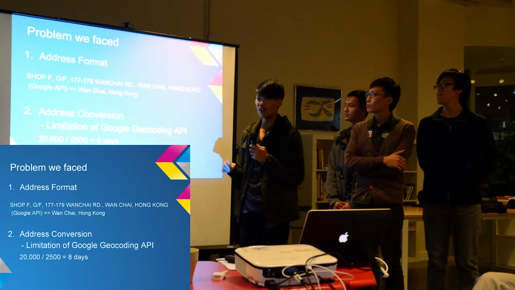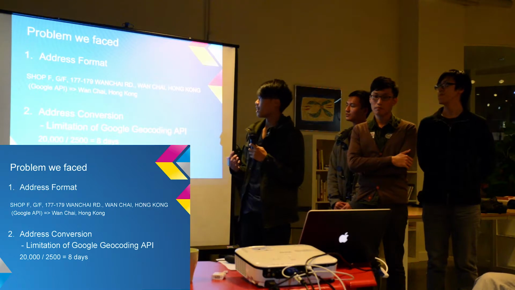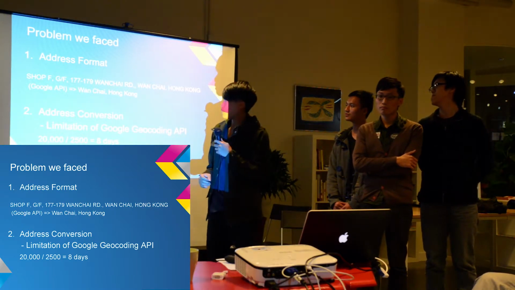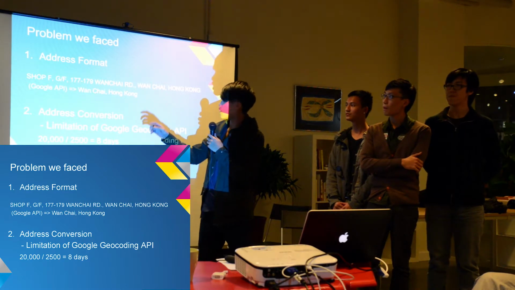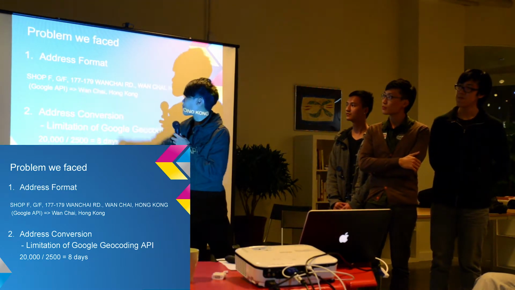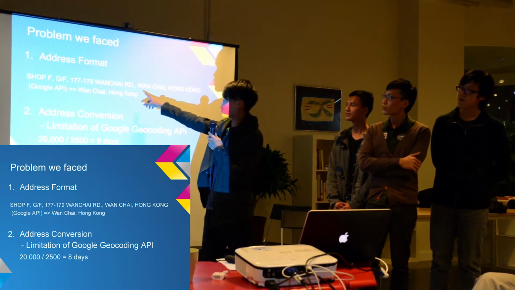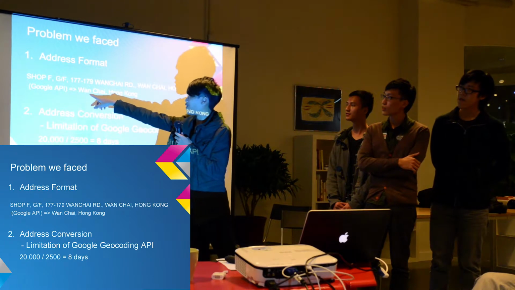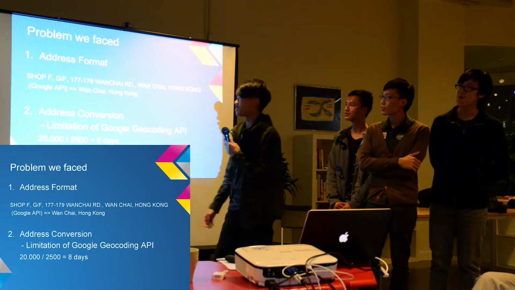The JSON file contains some address components, but the Google API cannot recognize some words in the address, such as shop and floor. If we send this address to the API, it may return just China and Hong Kong, and we need the other part.